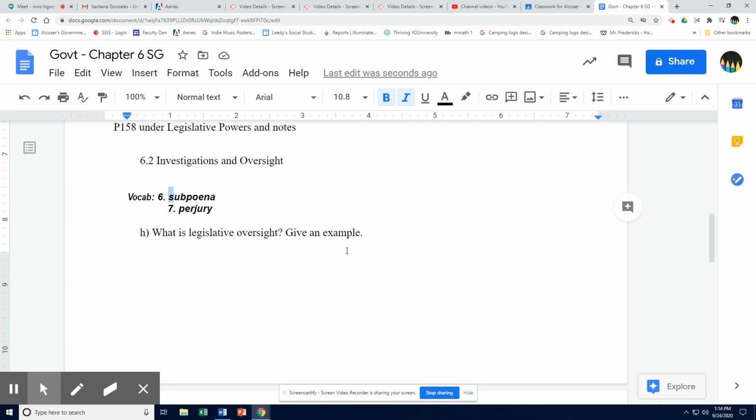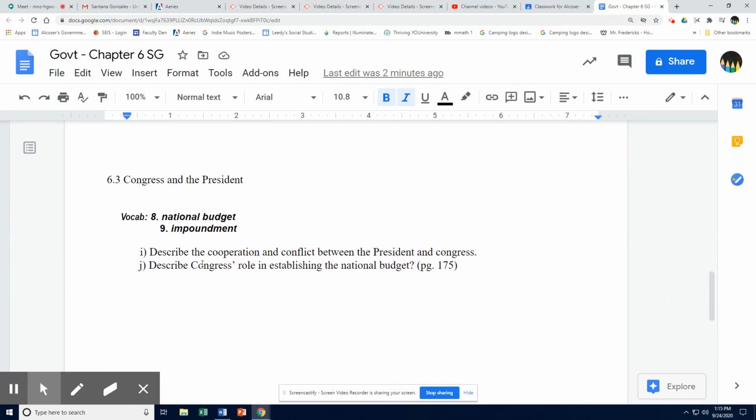All right, and underneath that, if you want to write this too, it says oversight and checks and balances. It says, is legislative oversight a good example of how checks and balances work? Let me go back.